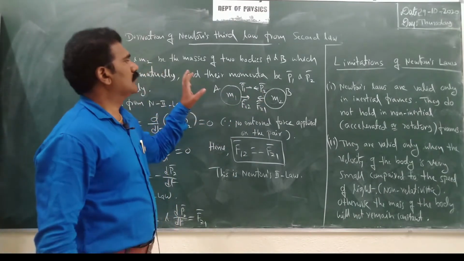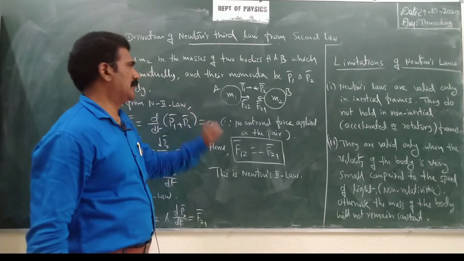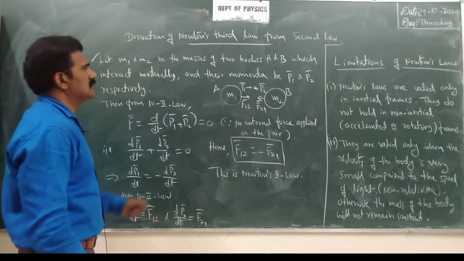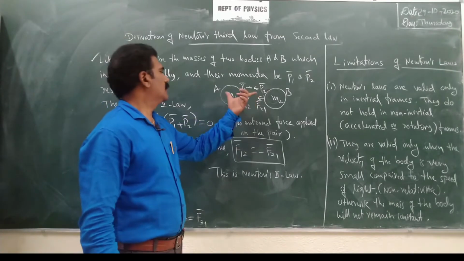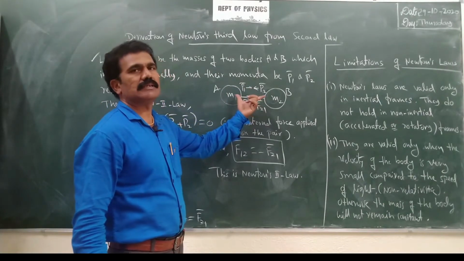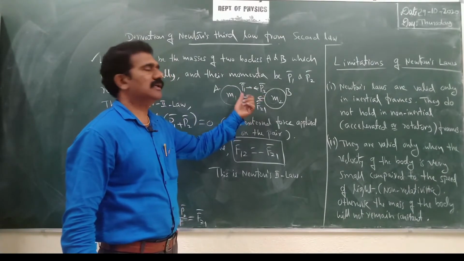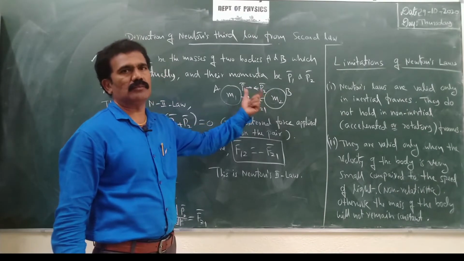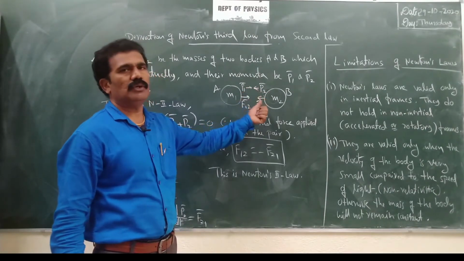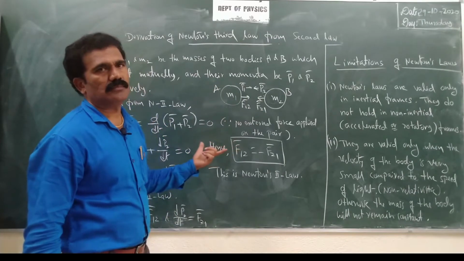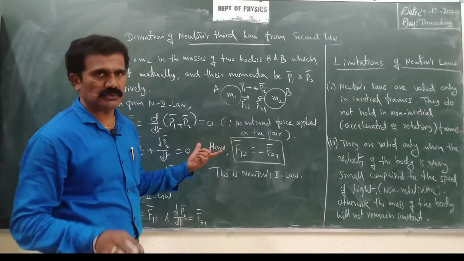Now you can apply Newton's second law for this kind of example, right? So what is the total momentum of both the bodies here? You have to consider P1 plus P2, isn't it? Total momentum is nothing but P1 plus P2, but there is no external force acting in this situation.